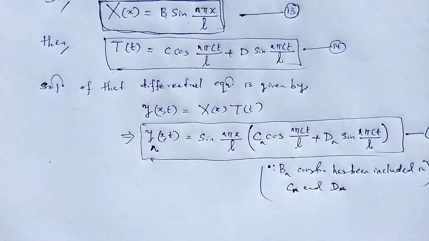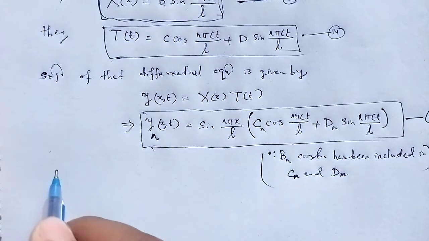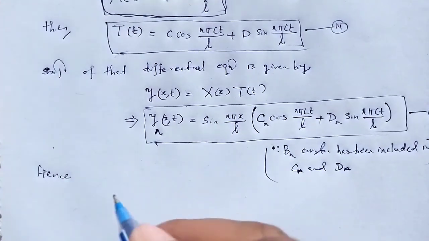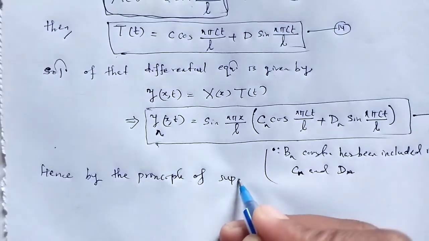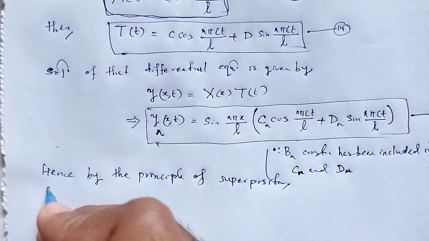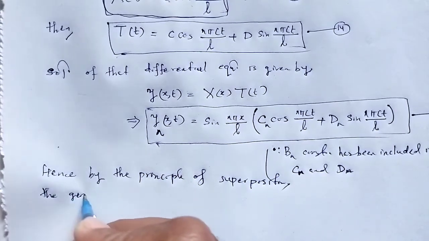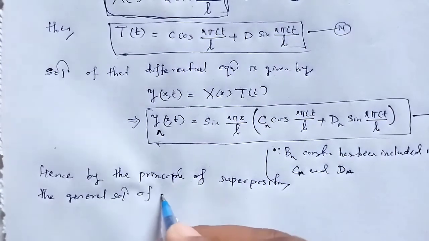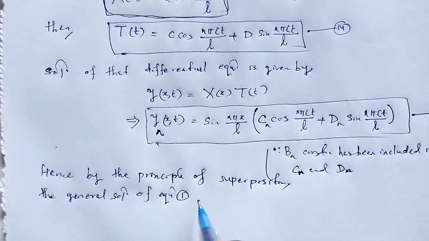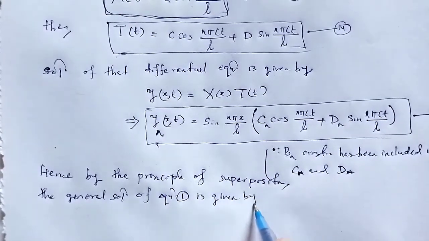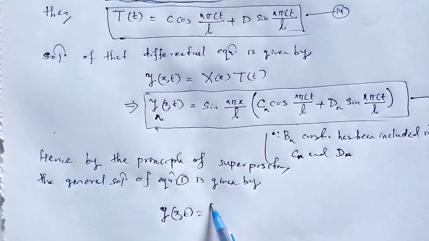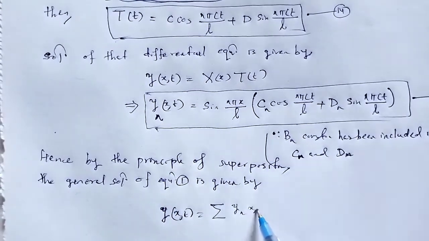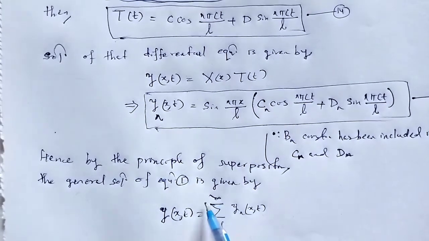Hence, by the principle of superposition, the general solution of equation 1 is given by the summation of these terms, the summation over yn of x t from n is equal to 1 to infinity.